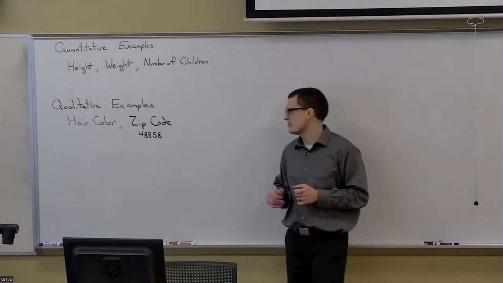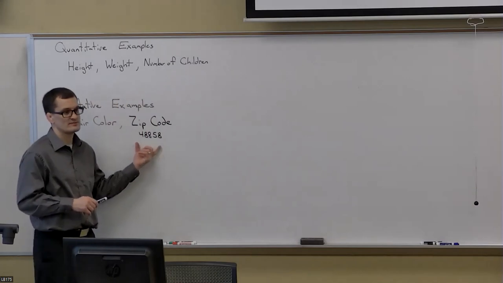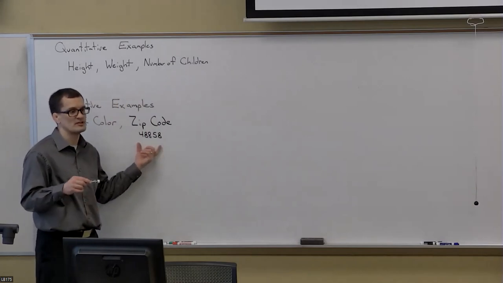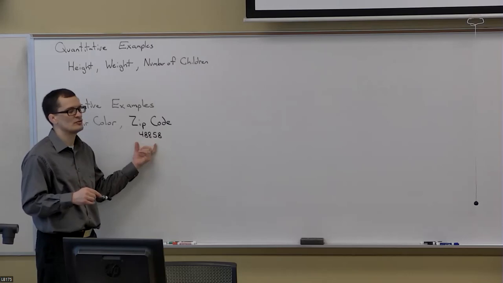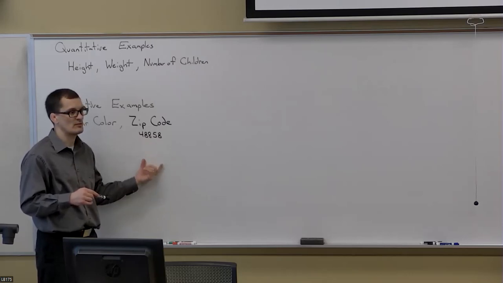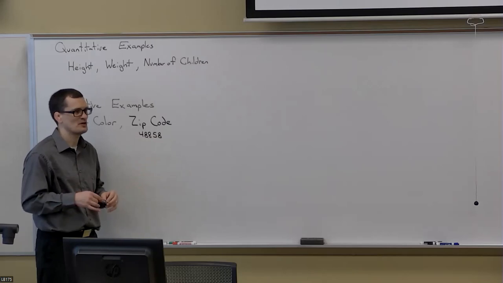Most of the zip codes close to 48858 are assigned to locations nearby just because that's how it historically happened as people were assigning zip codes. But there's all kinds of situations in which 2 zip codes that are numerically really far apart are right next to each other because they had to add another zip code in.